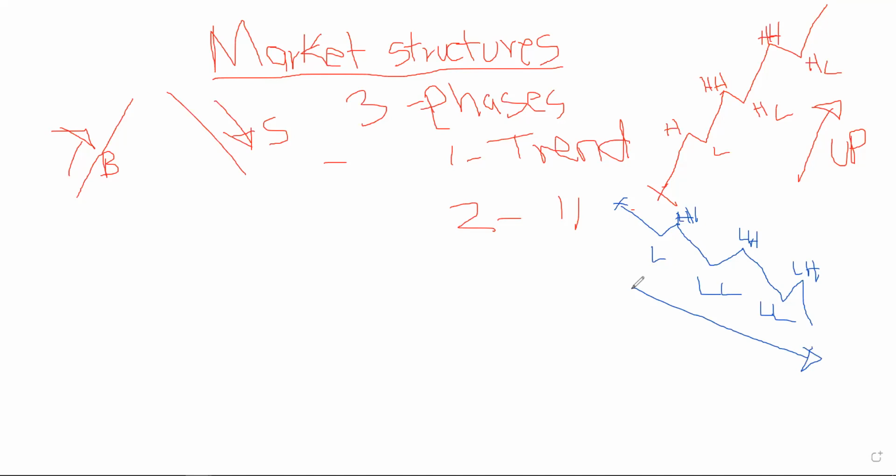So with the exception of this low and high, the rest is lower low, lower high, lower low, lower high, lower low, lower high. Meaning the market is coming down, but it keeps going up a little bit. Then it goes down, and then it goes up a little bit, and then it goes down. So this is called the low.